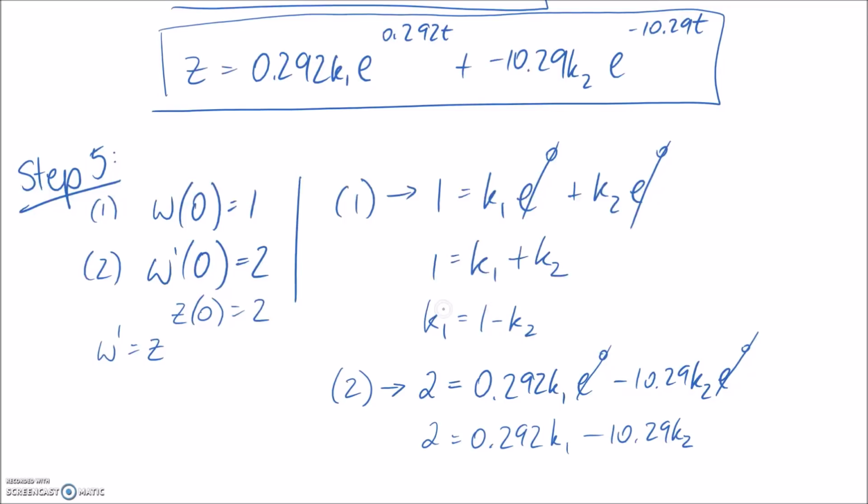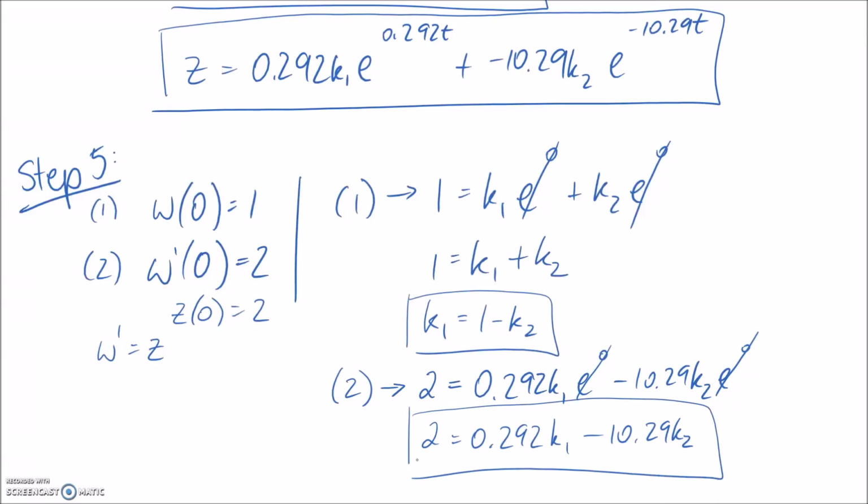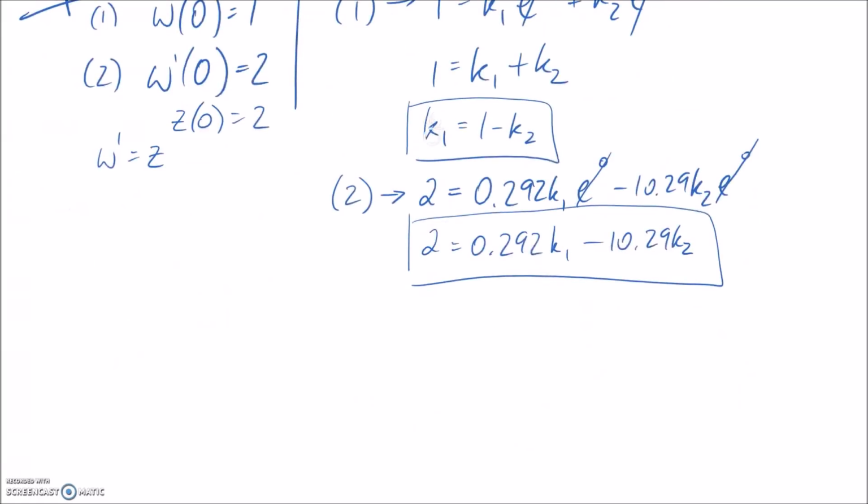So now we have two equations with the same two unknowns, so it's just a matter of solving them together. So if I sub k1 into this equation here, I get this. And if you expand out the brackets and move everything with k2 to one side, everything to the other side, it becomes this.